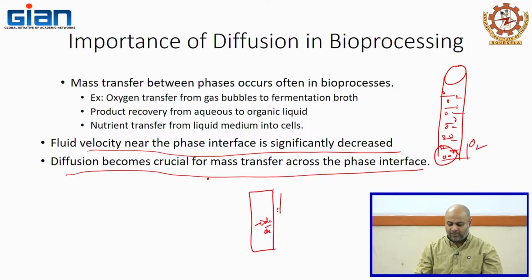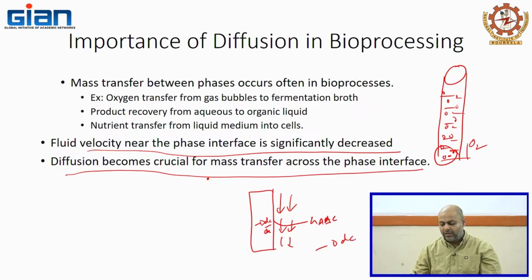At the surface, you have air blowing. So, here you will have h_m A delta C. The flux remains the same, mass conservation. So, your minus D dC by dx is equal to h_m A delta C.